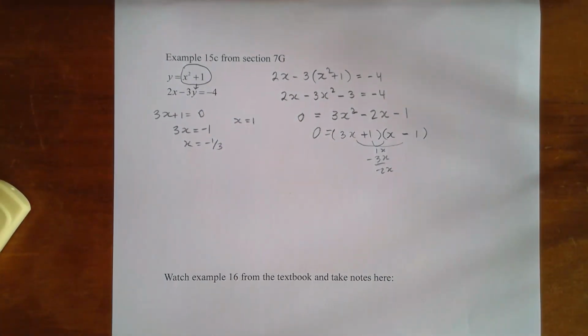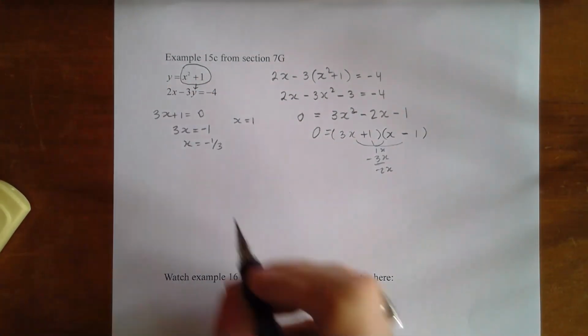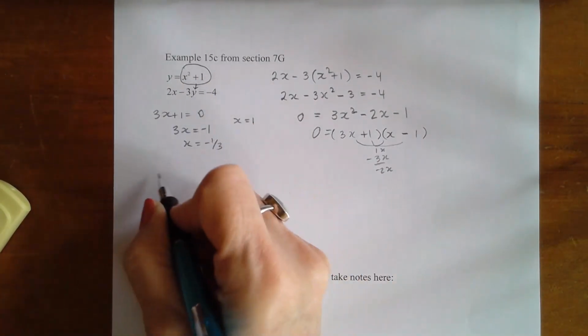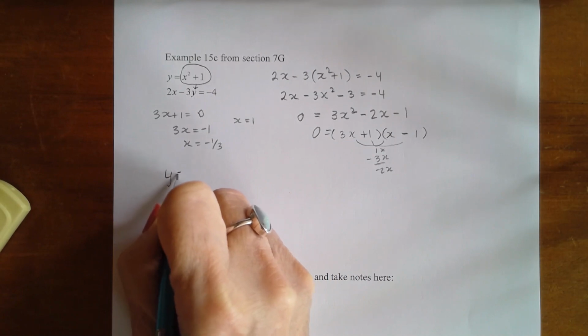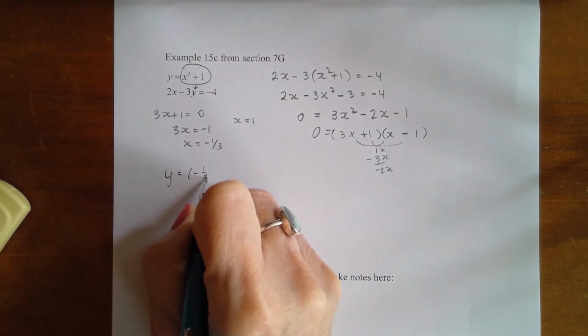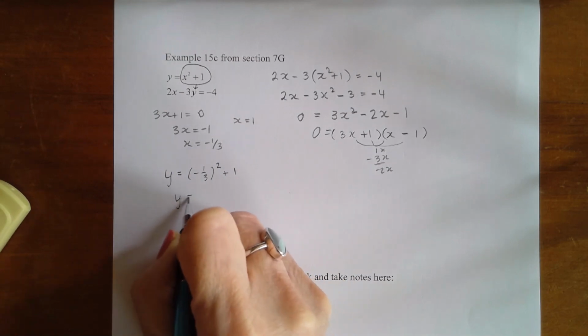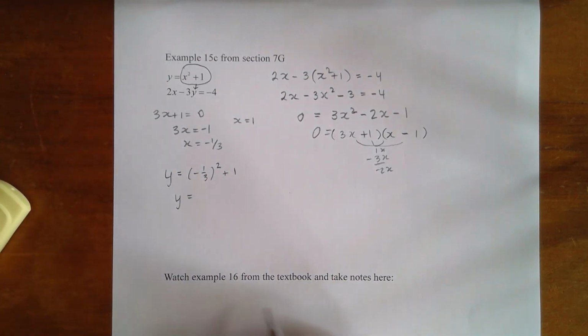Now, I'm going to take those values and place them back in here and get my y. I think it's easiest to place it there because it's already solved for y. So I'll go y equals negative 1/3 squared plus 1. When you square a fraction, you square the top and square the bottom.